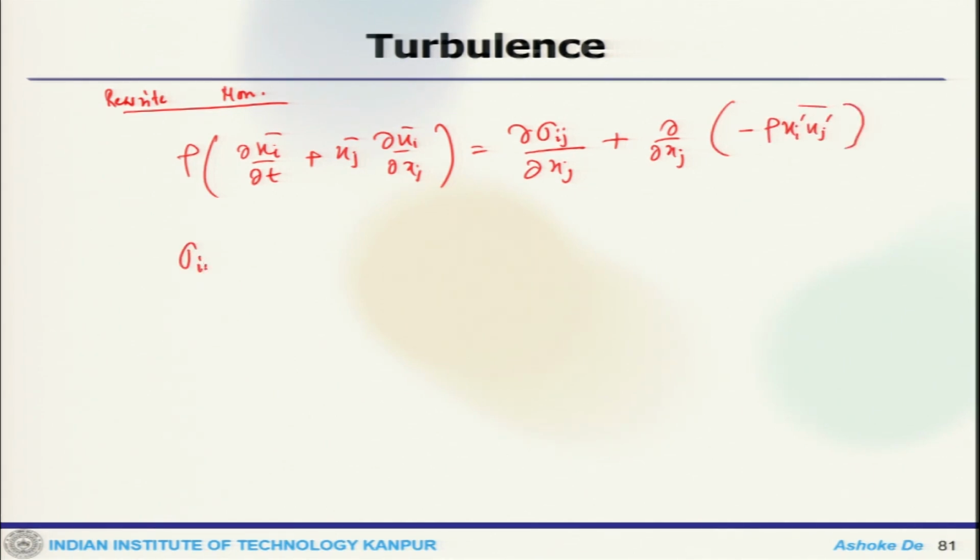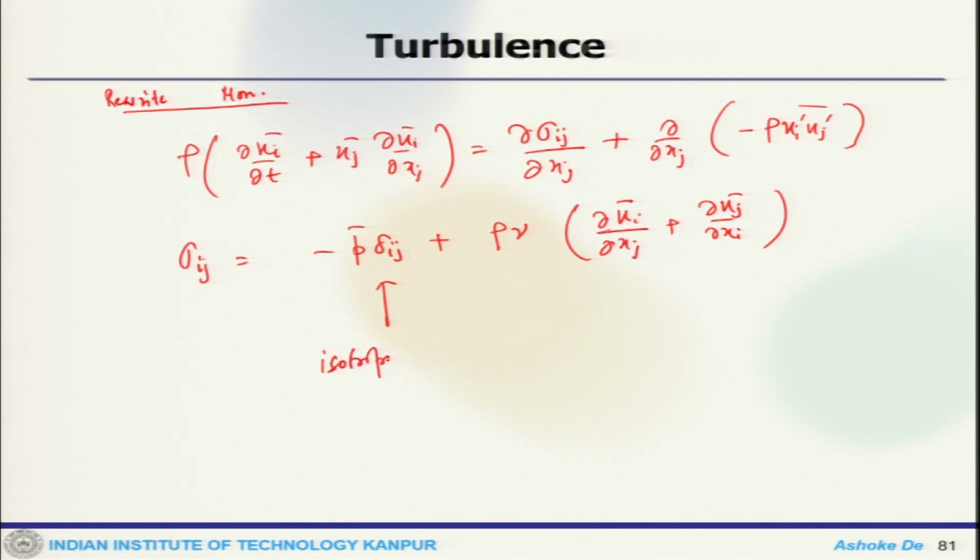So, sigma ij, this is the molecular stress, where it is minus P delta ij plus rho nu (del ui bar by del xj plus del uj bar by del xi). So, this is our isotropic part, and this is the part which is the deviatoric part.